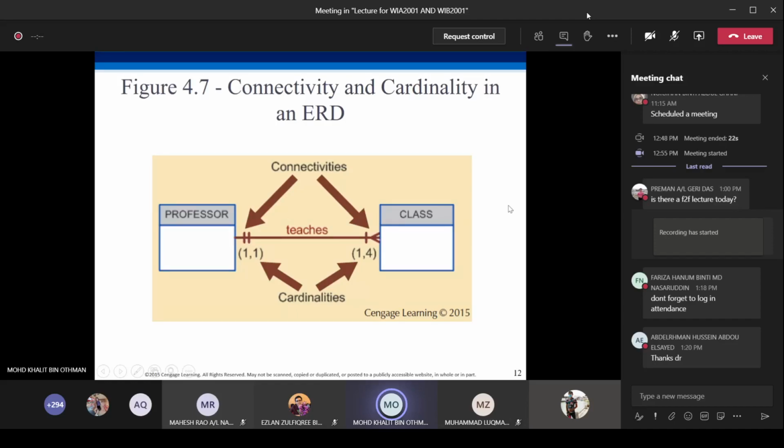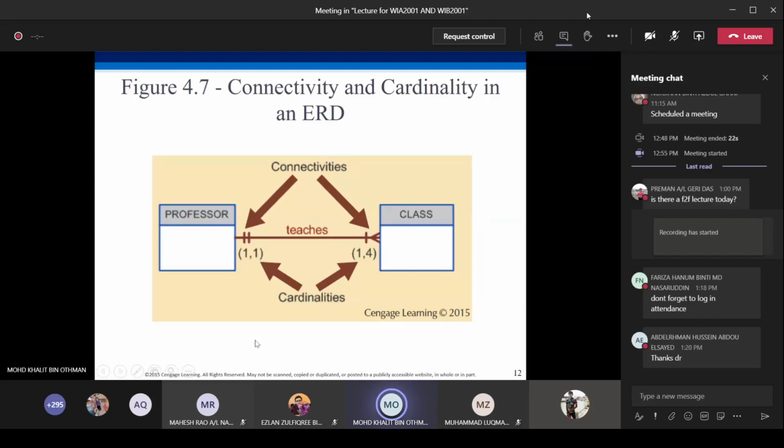The cardinality 1,1 indicates that each class is taught by one and only one professor.